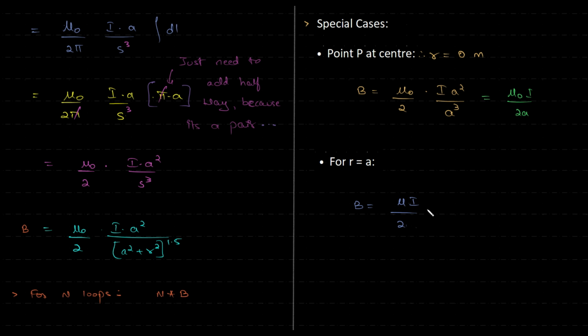Root 2 a square, this will be 2a square, guys, all to the power of 1.5. 3 by 2, that will be 2 to the power of 1 into 2 to the power of half. So mu naught by 4 root 2 I by a. Yeah, I don't know why this is a special case, but it is so.